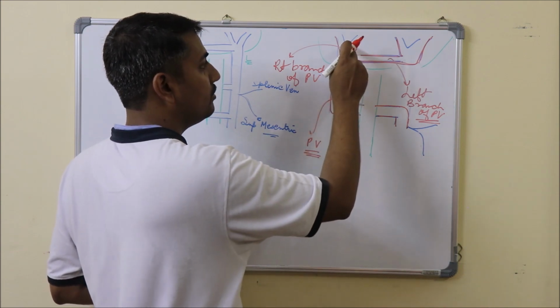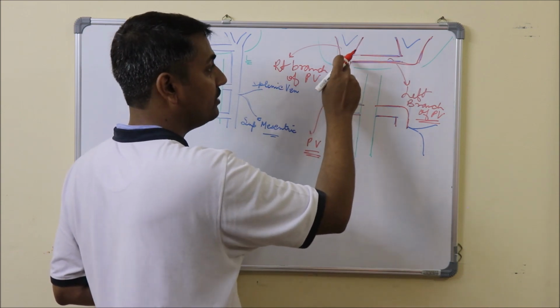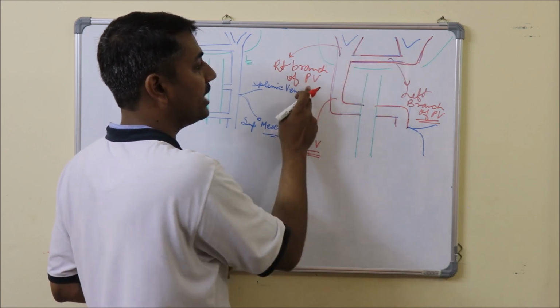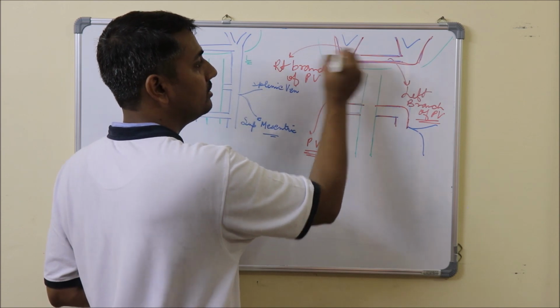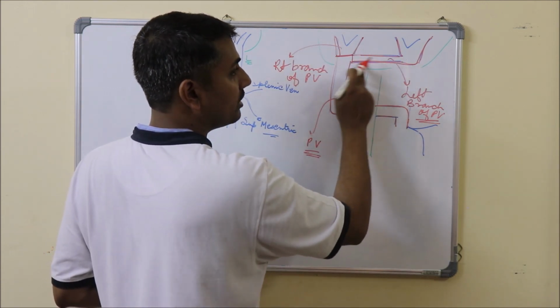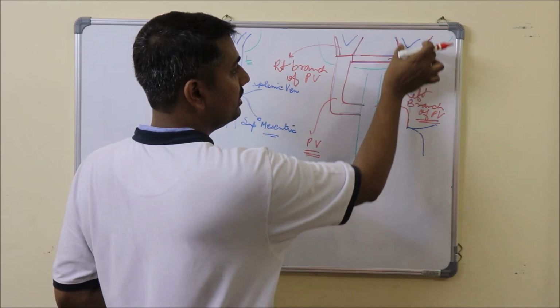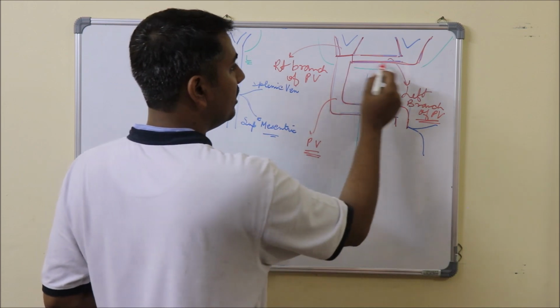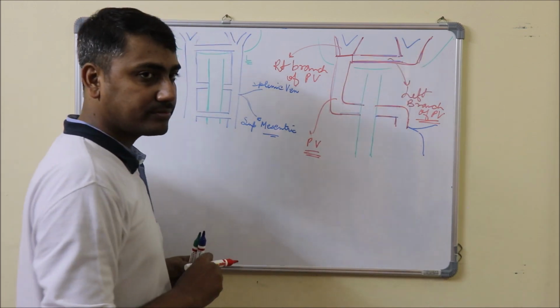The part of the right Vitelline vein cranial to the cranial-most ventral anastomosis will form the right branch of portal vein. And the cranial-most ventral anastomosis, along with the cranial-most part of the left Vitelline vein, will form the left branch of portal vein.